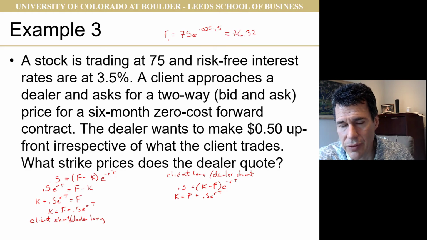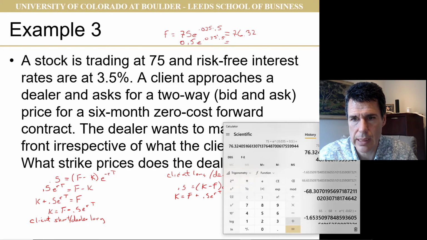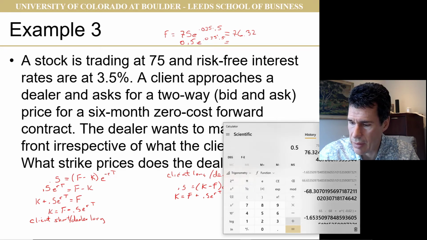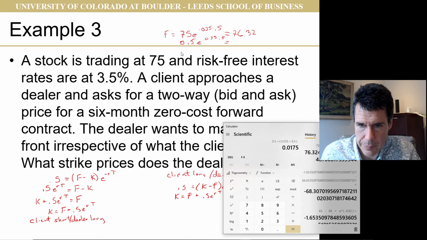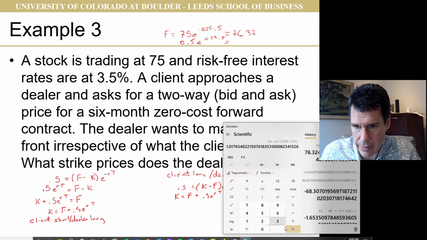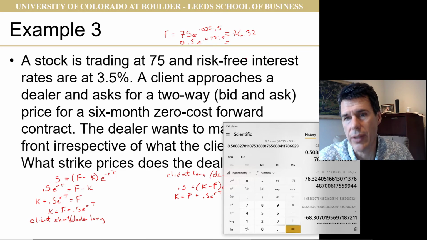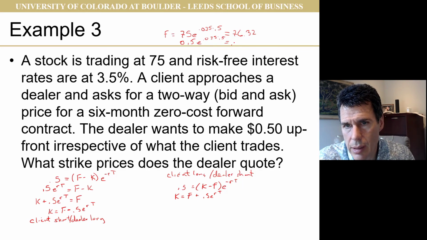And the 50 cents grown is going to be 0.5 e to the 0.035 times 0.5 equals, pull the calculator out, 0.5 times 0.035 times 0.5, e to the x, 51 cents. 0.51.